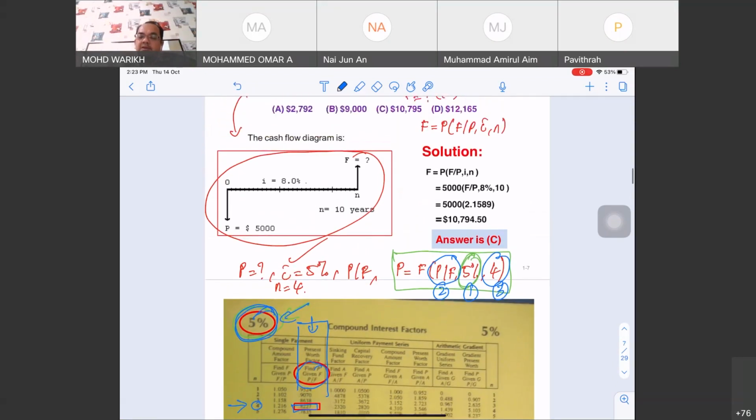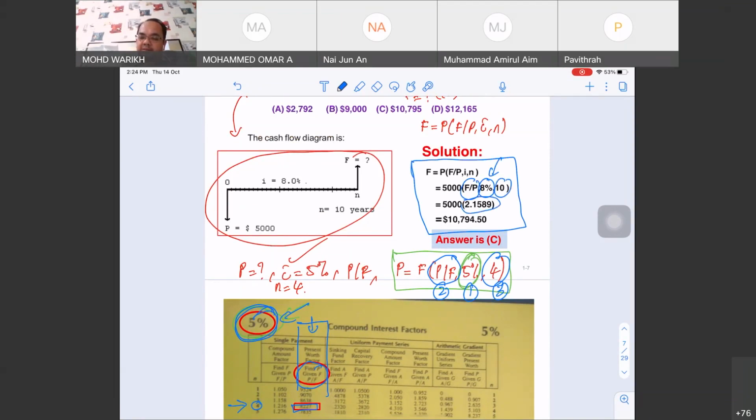So you have a table. Understood. Question? Yeah, so from this table, try to find this one. You just find the 8%, and then the column F over P, 8 and 10.